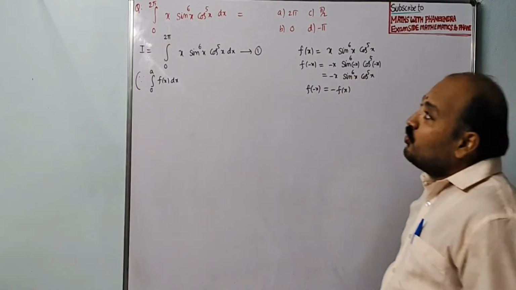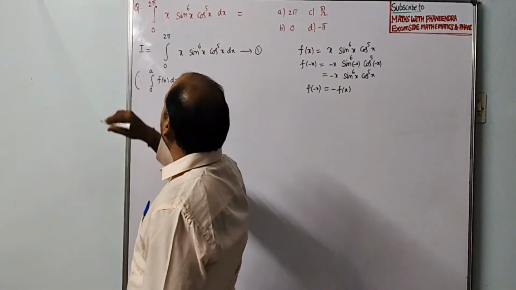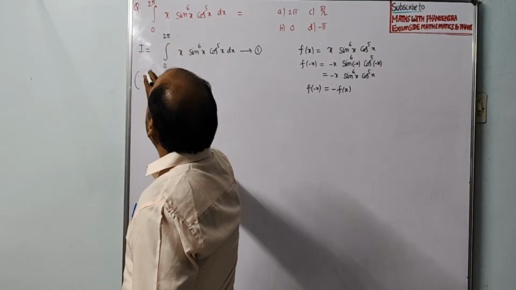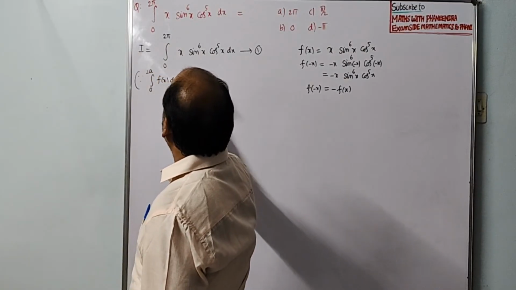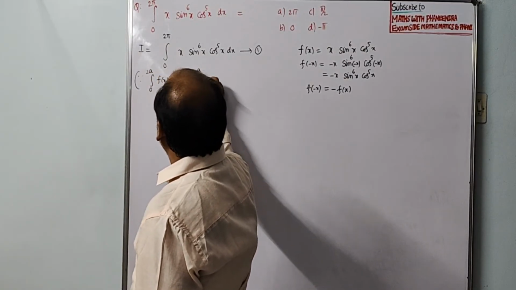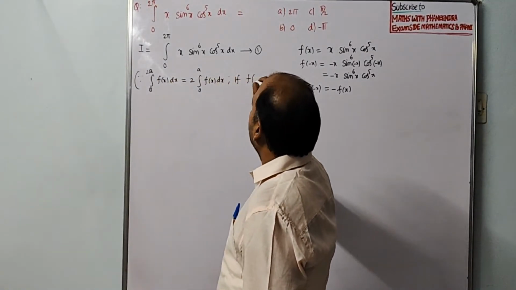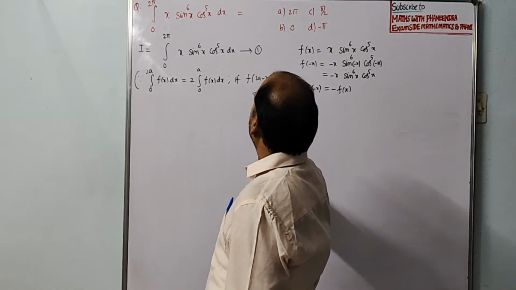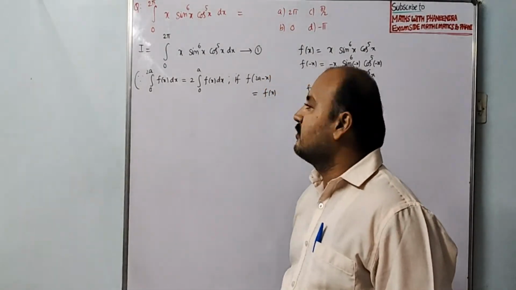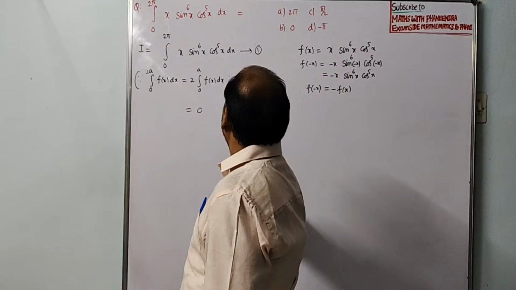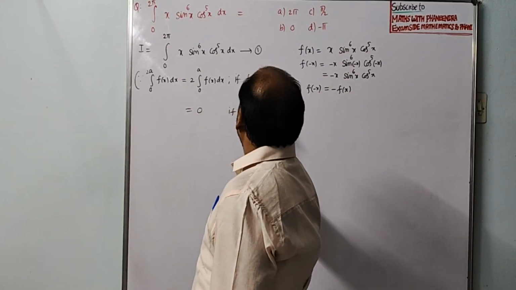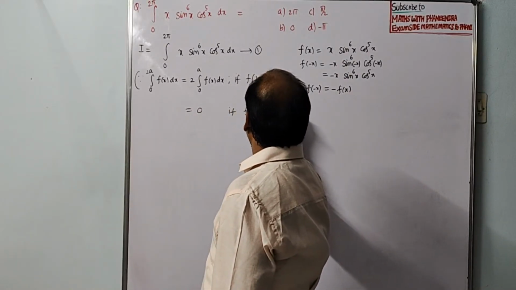Before that, we need to verify, 0 to 2 pi is there, no? Integral 0 to 2a f of x dx can be written as 2 times integral 0 to a f of x dx if f of 2a minus x equals f of x. Next, it is equal to 0 if f of 2a minus x equals minus f of x.